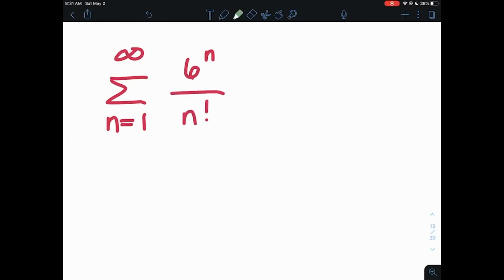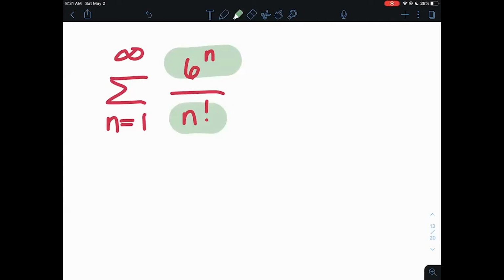So an example of a ratio test looks something like this. If we have a series from n equals 1 to infinity of something like 6 to the n over n factorial, the ratio test is excellent for exponential expressions and factorial expressions.